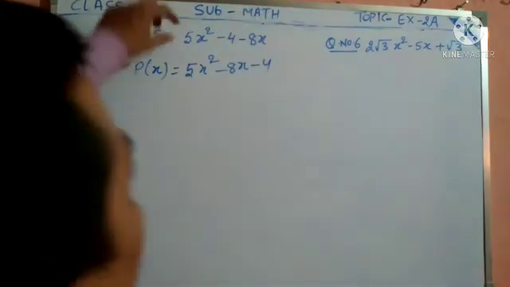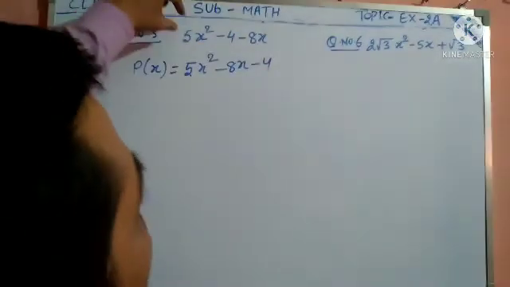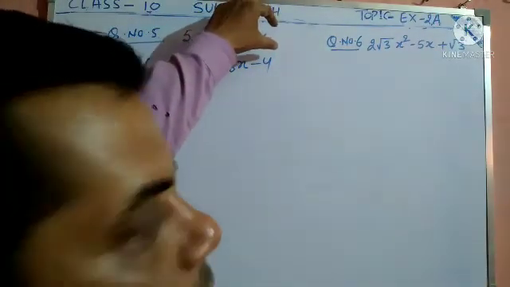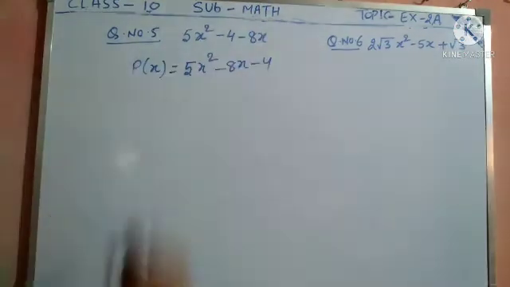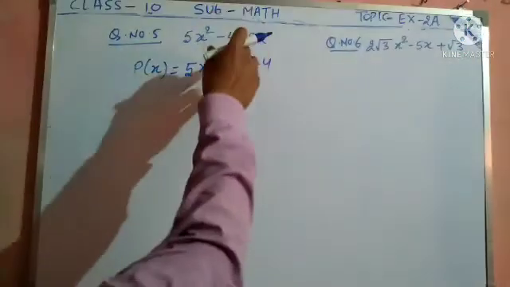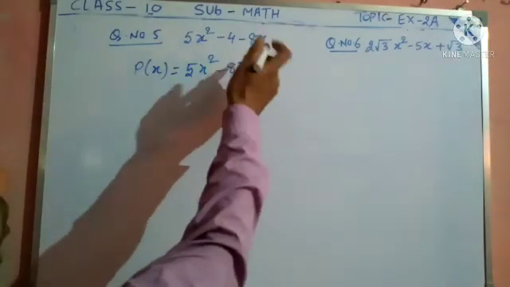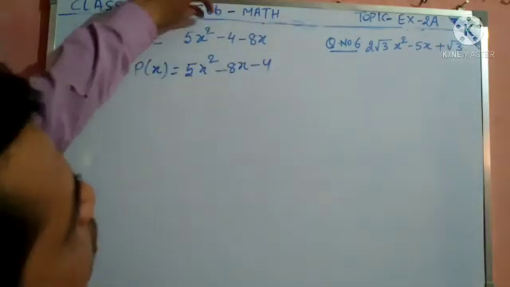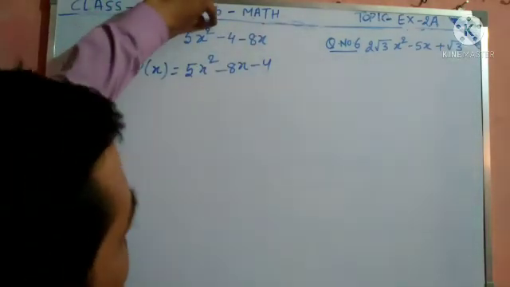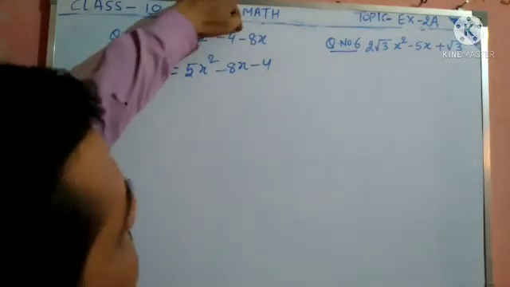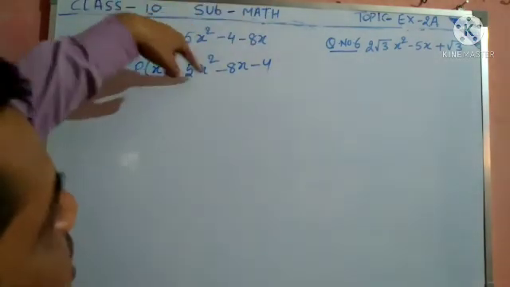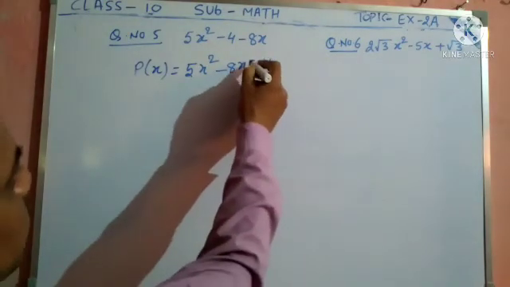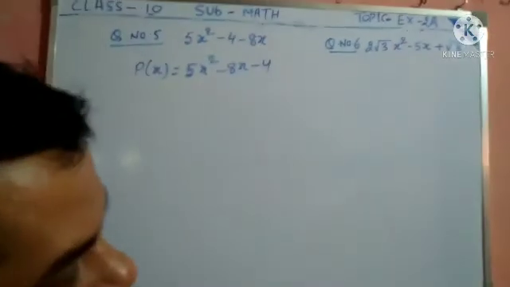First, I see the question is not arranged in the order of degree of power. The equation is not arranged according to degree: power 2, power 1, and power 0. So we arrange it as x square, x to the power 1 and x to the power 0.